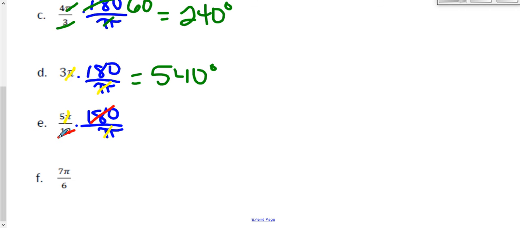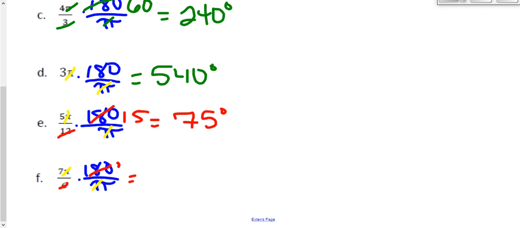Then times 5, which gives me 75. And last but not least, if I multiply this by 180 over pi, again my pi's will cancel. 180 divided by 6 gives me 30, and if I multiply that by 7, I get 210.